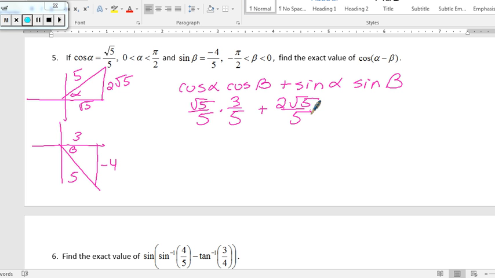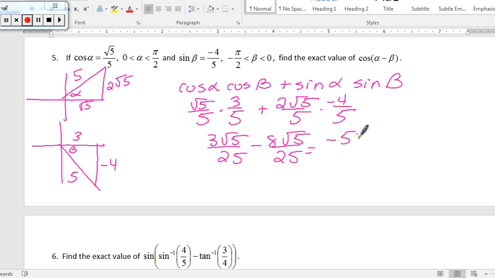And the sine of beta, we were given that one also, that was negative 4 over 5. Combining up both these terms, we got 3 square roots of 5 over 25 minus 8 square roots of 5 over 25, which becomes minus 5 square roots of 5 over 25. The outside parts simplify, leaving us with a final answer of negative square root of 5 over 5.